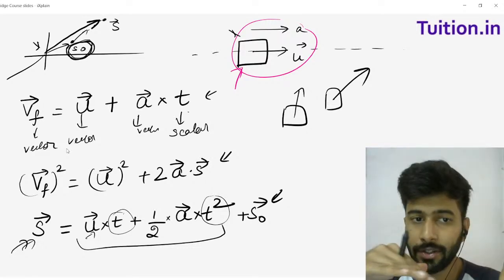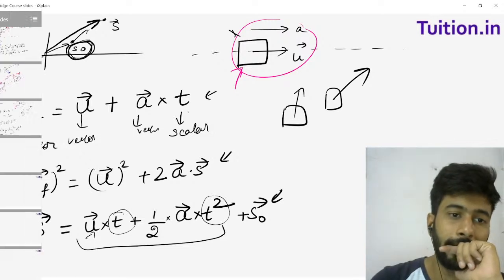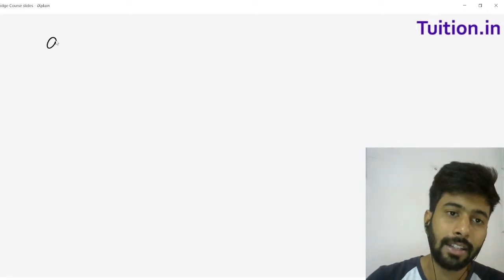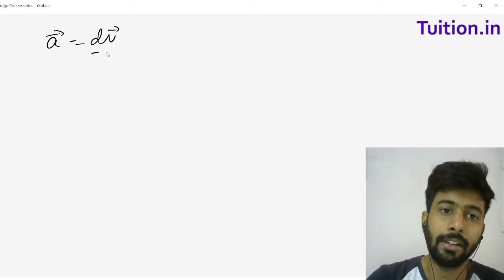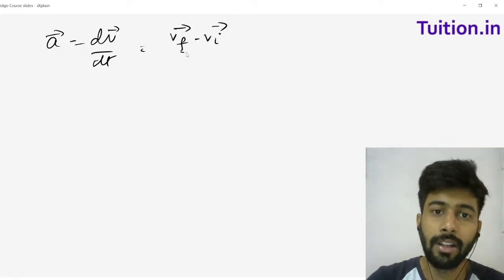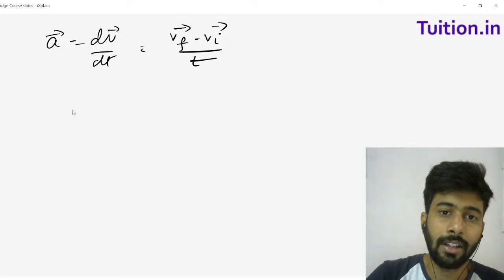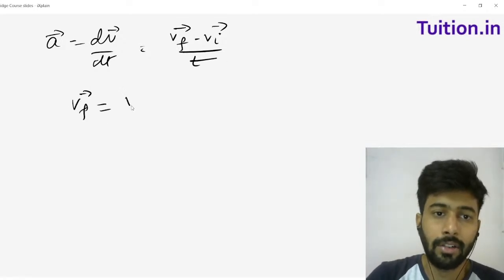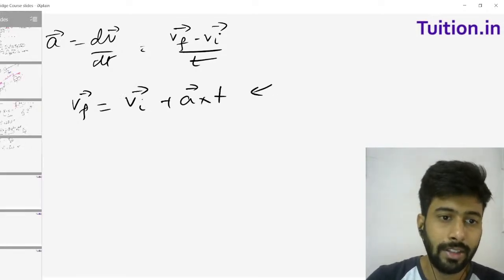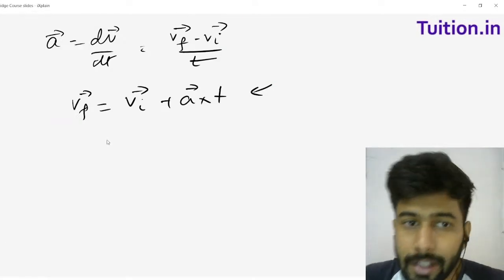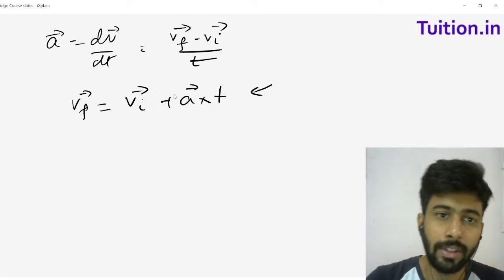So all these formulas that you're seeing, you will derive just from calculus, where acceleration is nothing but dv bar by dt, where dv bar is nothing but change in velocity, which is vf minus vi, by the time taken, let's say it is t. Then from here itself you get your first equation, vf bar is equal to vi bar plus a bar into t. So this equation that you see, this and this are the same, right? How do you get displacement vector, when this is the case?